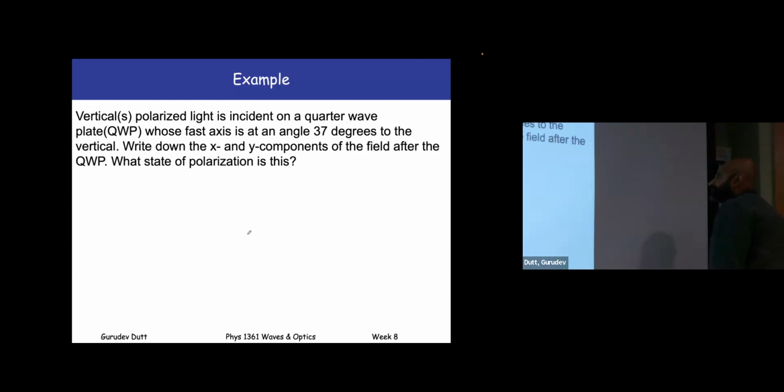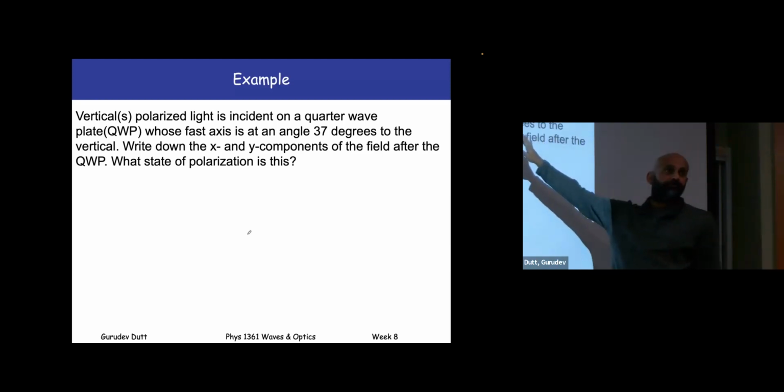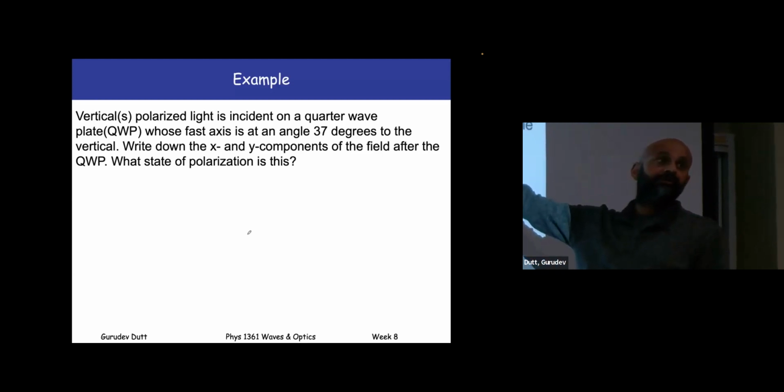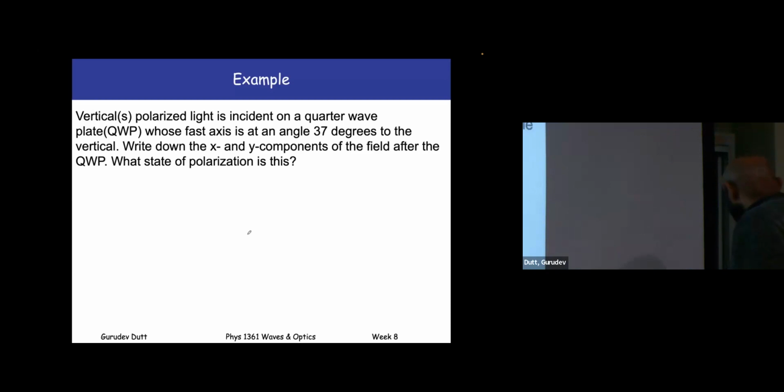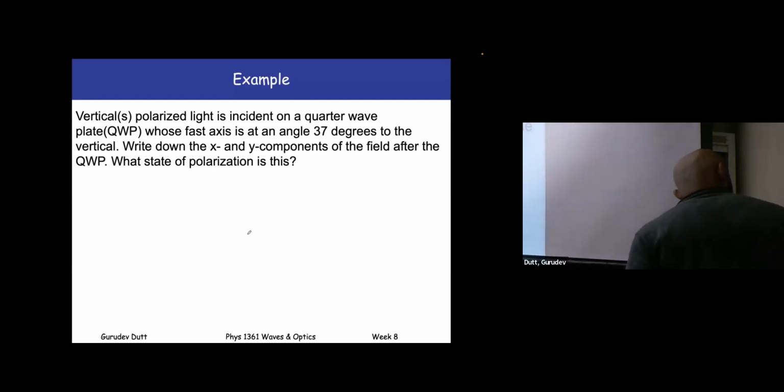Okay, so is the statement of the problem clear? The fast axis is at 37 degrees to the vertical, and the incident light is vertically polarized light. I'll make even a sketch for you so that you know.